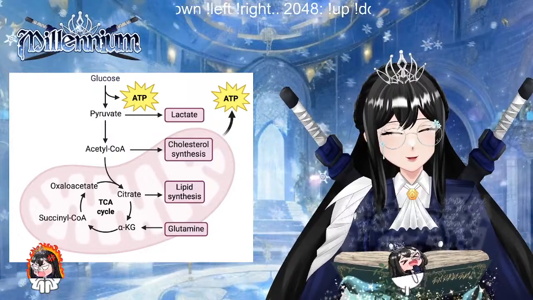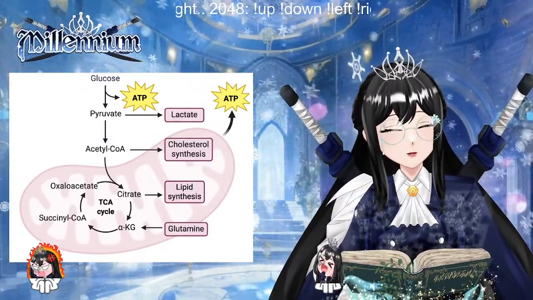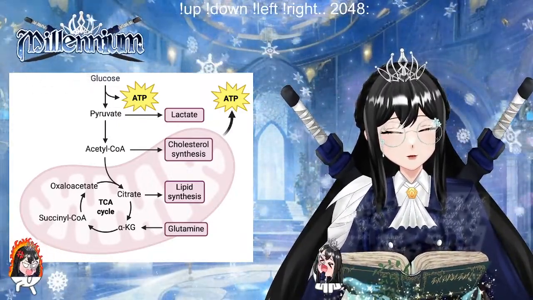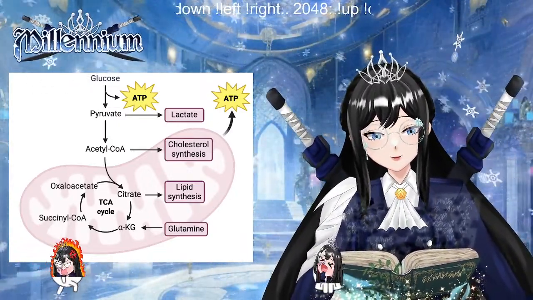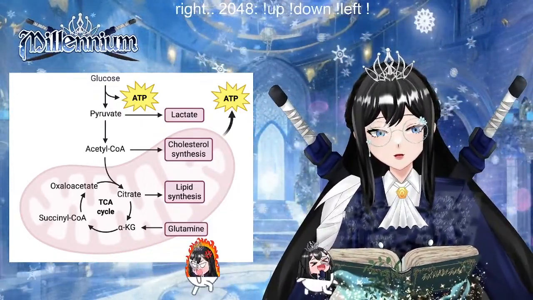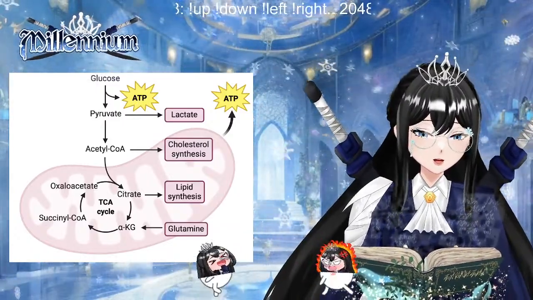But note, big note, while fat can be converted into acetyl-CoA, it cannot be converted into glucose directly. So that's a key distinction when you compare glucose and fat as a source, okay?